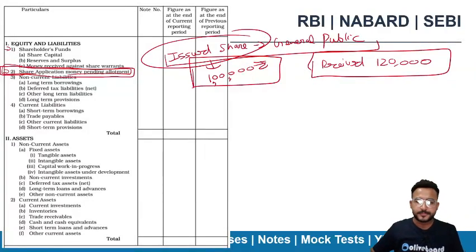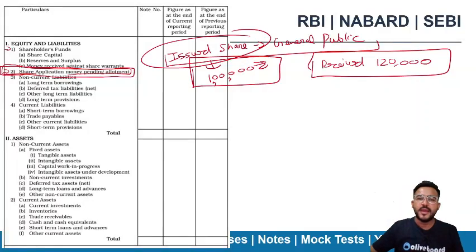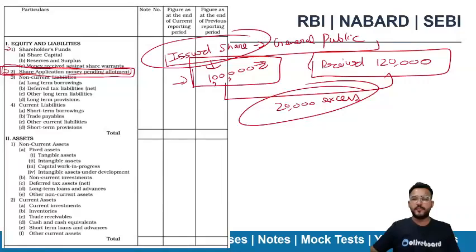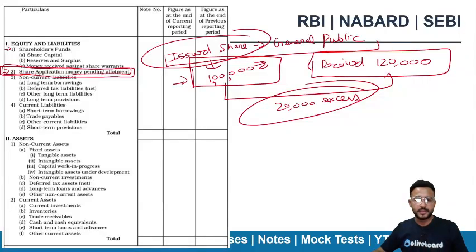So can I issue more than my issued share capital? I can issue only 1 lakh, right? This excess 20,000, I can't issue as of now. My issue size is only 1 lakh rupees. I can't issue 1,20,000, right? So I need to refund that amount.